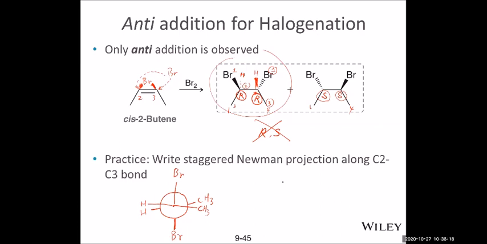So once we get here, I can just make all the bond angles 120 degrees on this projection. So this structure relaxes and becomes this product.